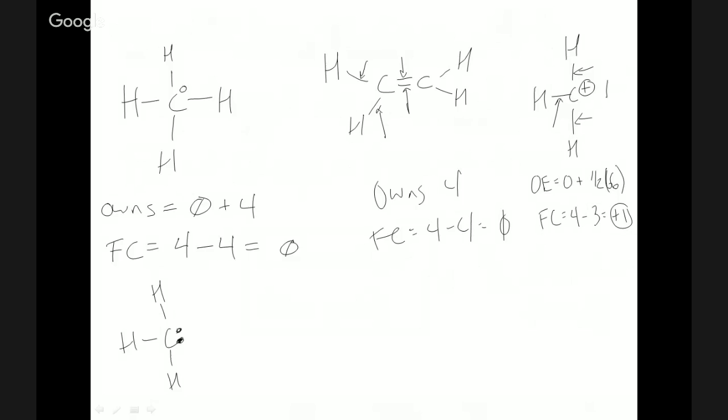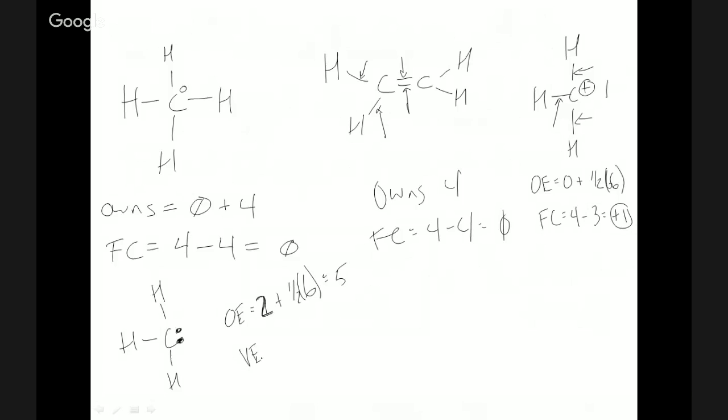Got 2 electrons there. And we have to put a charge there. Owned electrons. Now there's a pair. One pair is 2, plus what? One half of 6. That's 3. 2 plus 3 equals 5.